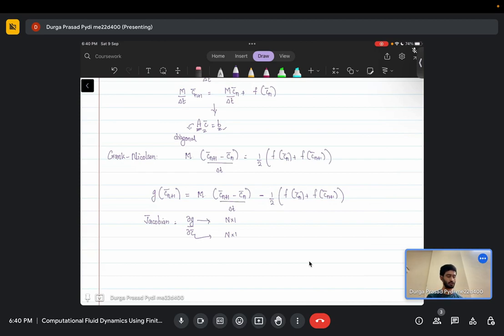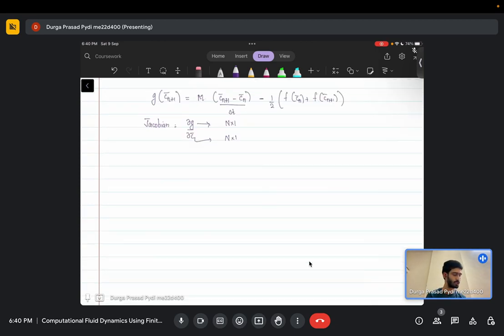So your Jacobian, if I denote it by J, will be of order n by n. How do I evaluate this particular matrix? Any ideas, or have you already come across such methods to calculate Jacobians?